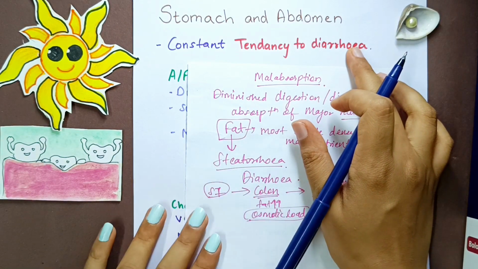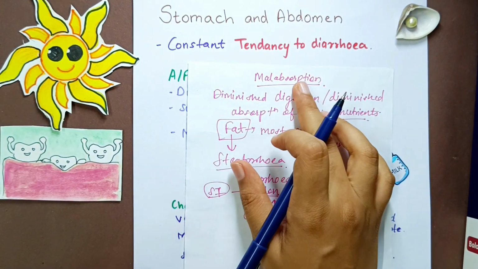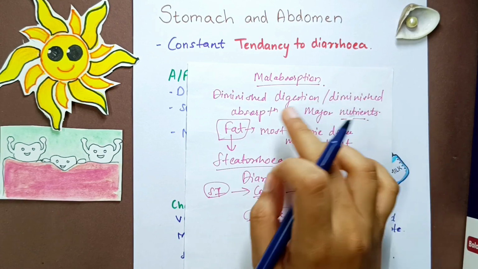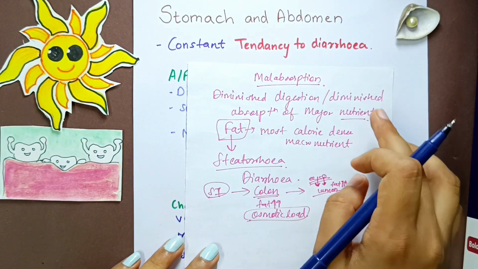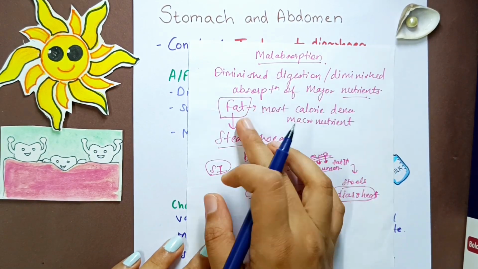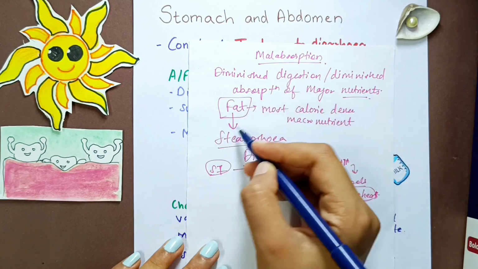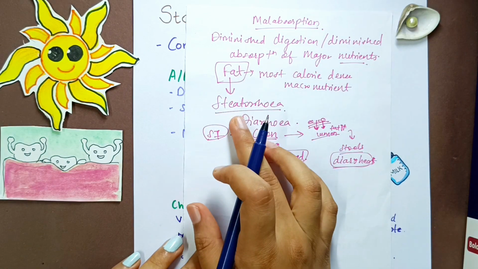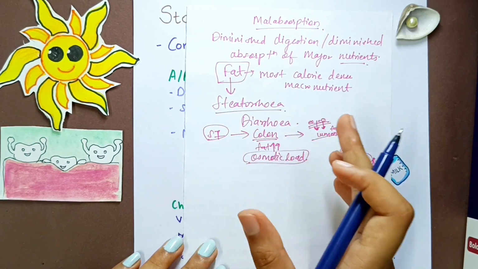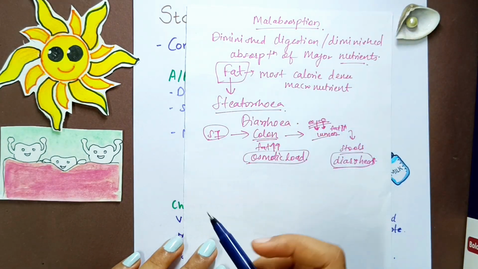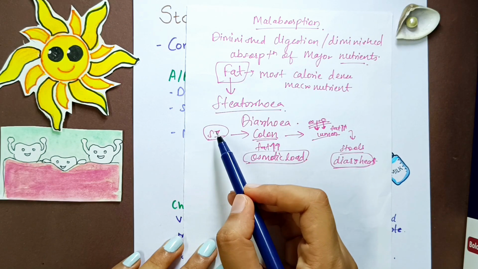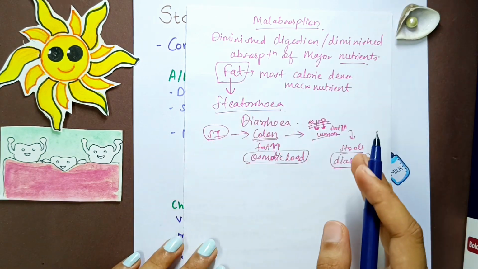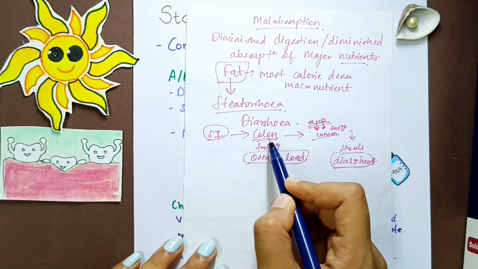So basically, this patient has malabsorption, that is, diminished digestion or absorption of major nutrients. One of the major nutrients is fat, and it is not majorly absorbed because it is the most calorie dense macronutrient. That will give rise to steatorrhea, meaning there will be a lot of diarrhea. In the small intestine, the fat should normally get absorbed, but it is not, and that is why it moves ahead into the colon.